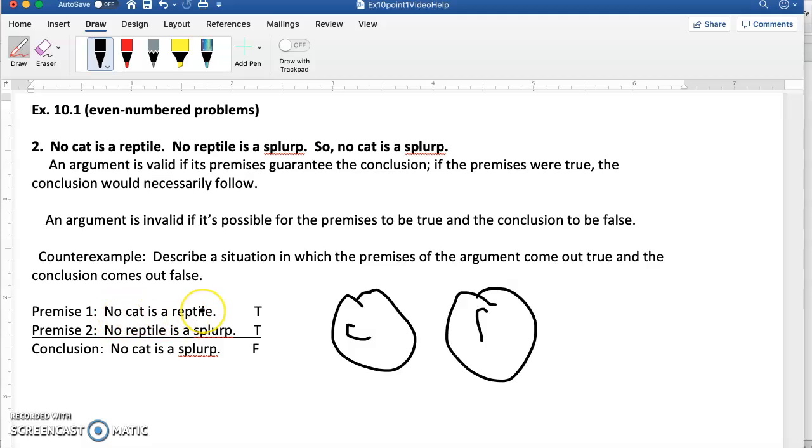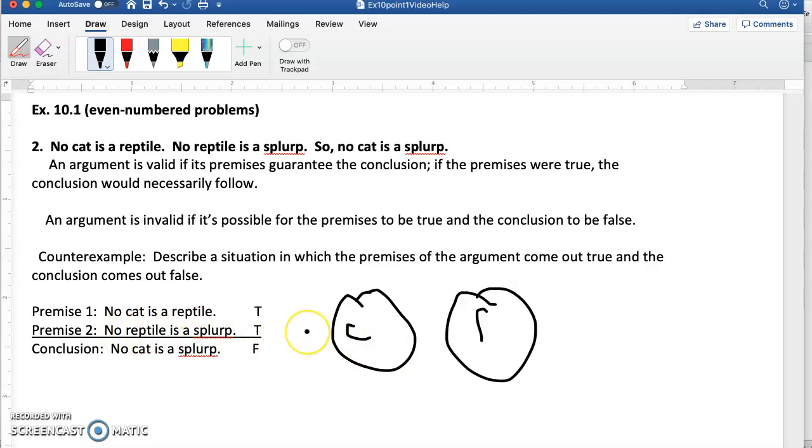That's what it means, no cat is a reptile. So we can visually diagram premise 1 by drawing two circles that have no overlap, because that shows there's nothing that's a cat that's also a reptile. No cats are reptiles. All right.